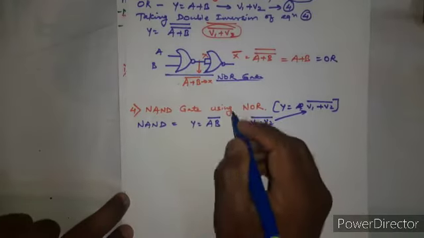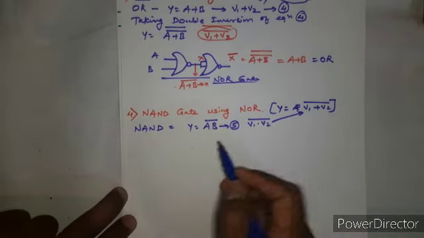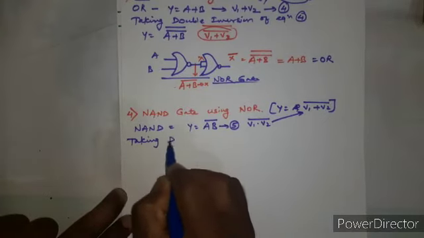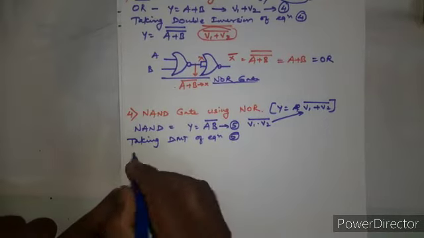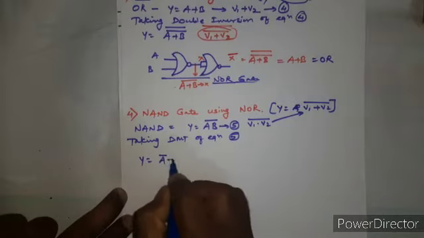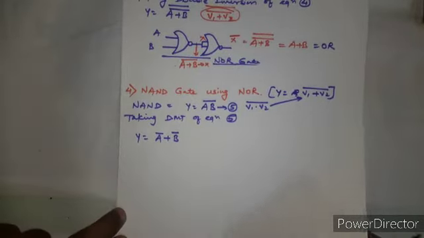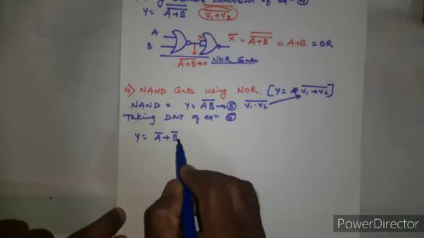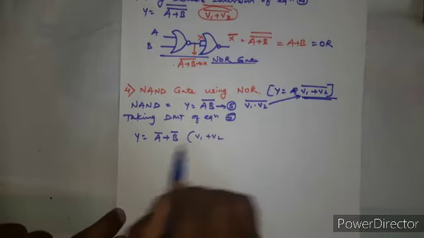Now let's consider this as equation 5. Looking at equation 5, what can be done here is taking De Morgan's theorem of equation 5. So this is y equal to a bar plus b bar. Now if you compare this with equation 1, then we have v1 plus v2.